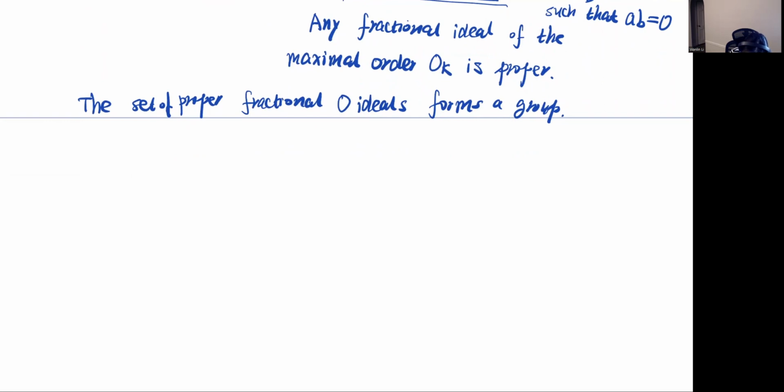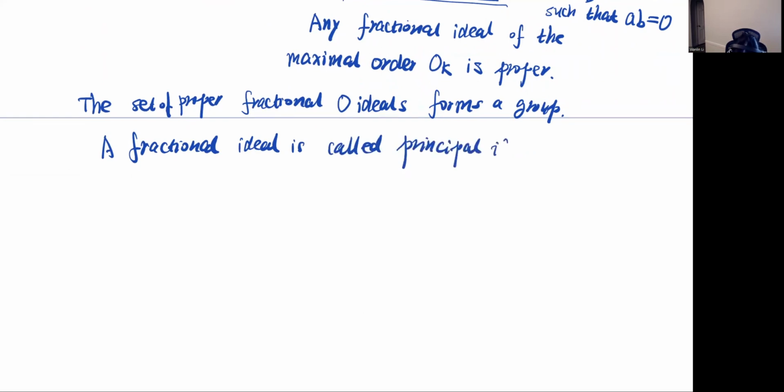A fractional ideal is called principal if it is of the form alpha times O for some alpha in K star.